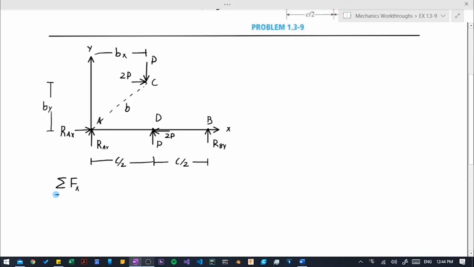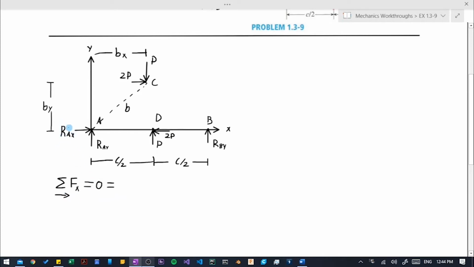And we need to choose a direction as positive. Usually just choose the direction of the x-axis. And since this structure is static, the summation of forces is equal to 0. Now we go through all of our forces and add them up, and the sign depends on its direction relative to what we chose as positive.